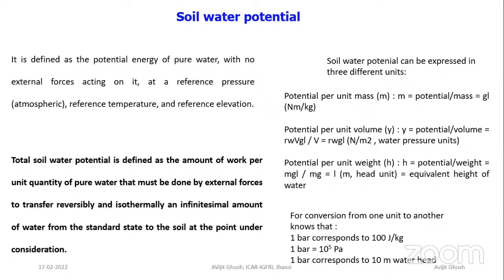The potential energy is measured by multiplying its mass, gravitational acceleration, and the height from the reference level at a particular temperature and atmospheric pressure. In that way, the potential of soil water can be calculated.